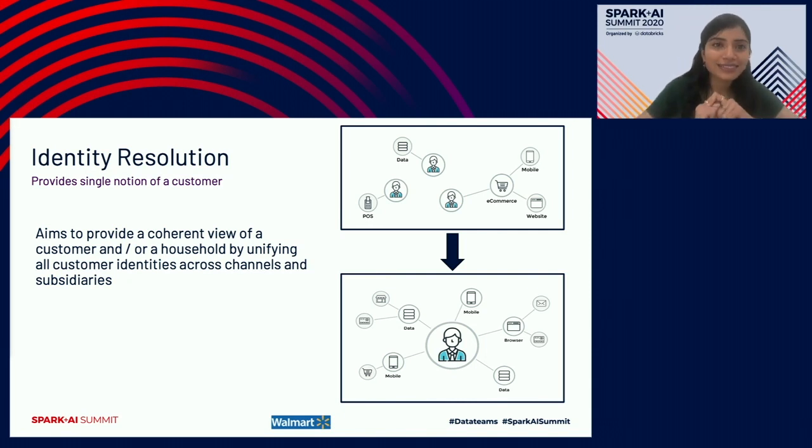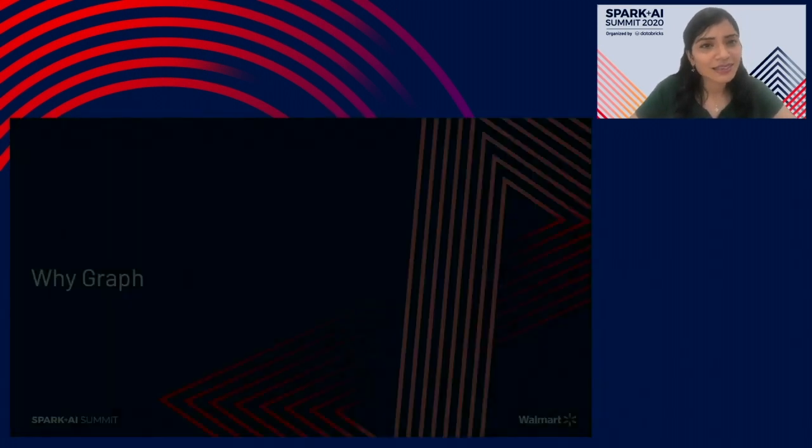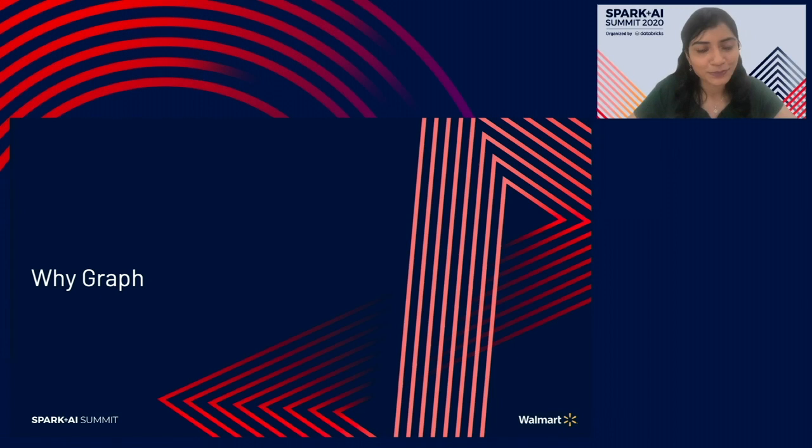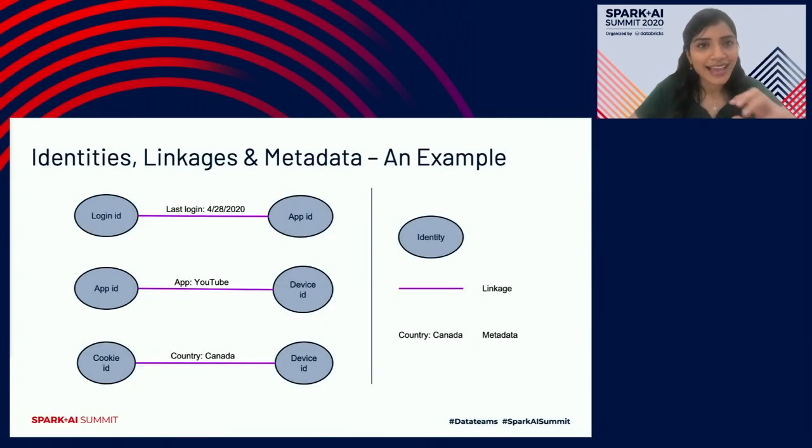So now, having seen the importance of identity resolution, let's move on and see a little bit about graph data structure. Graph is nothing but a combination of nodes and edges. In the case of Facebook, we can think of the users as nodes. And if a user has a friend, then there is an edge running between the two users.